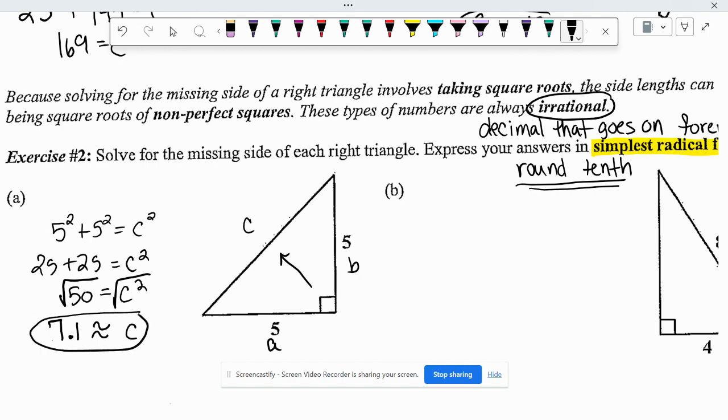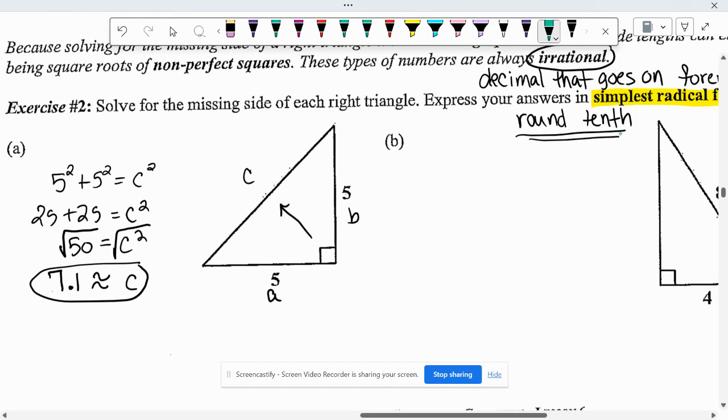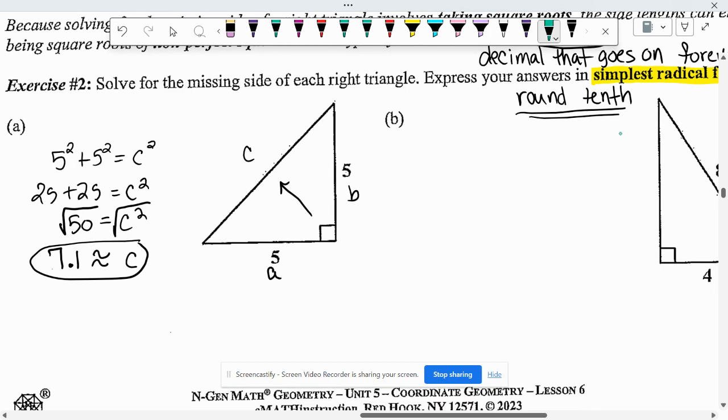Okay. So I want to show you what it looks like as a simplified radical. Again, you're not going to be tested on this, but I want you to see it. So we have the square root of 50 equals c. I want you to think about the square root of 50, and essentially the number 50. What two numbers can I multiply together to get 50, but one of them is a perfect square?